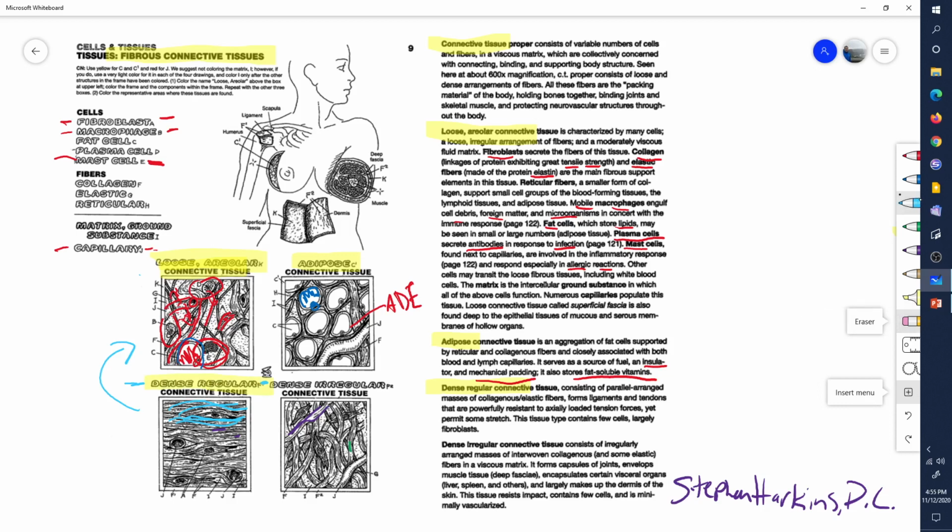Now, dense regular does contain, as does loose areolar, fibroblasts. Where are they? Right here. Here's a fibroblast right here, blasting out the fibers, laying down these fibers. Here's the cell body, creating these long strands of elastin and collagen.